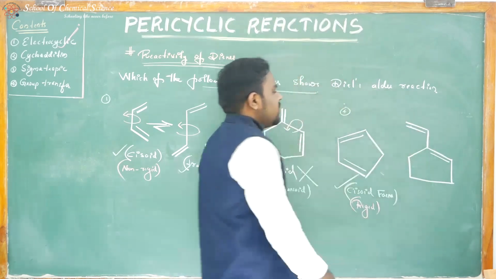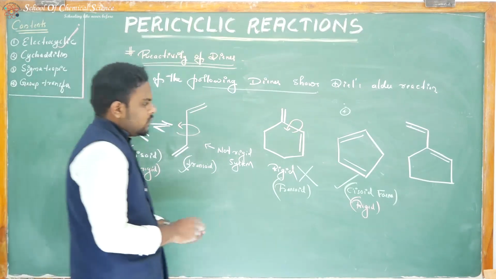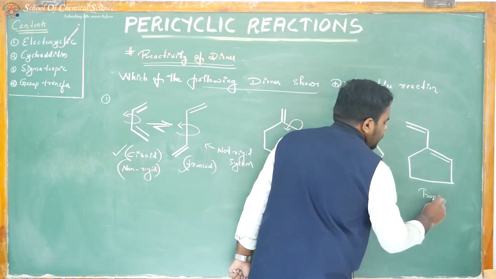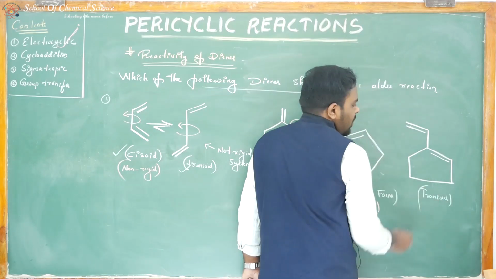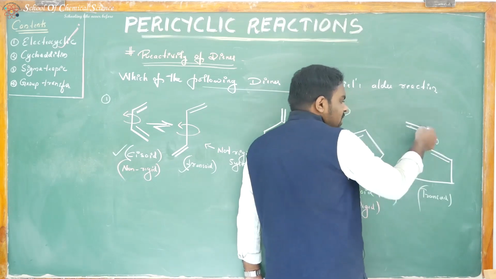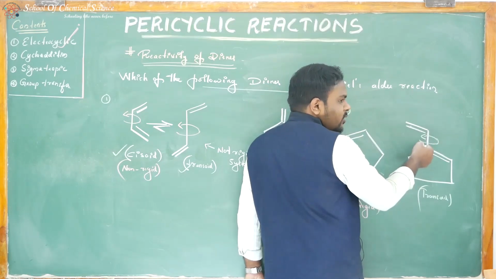Then the next question. What about this diene, whether it shows Diels-Alder reaction or not? Now it is in transoid form. But here this carbon-carbon single bond is not a part of the ring. This carbon-carbon single bond is out of the ring.